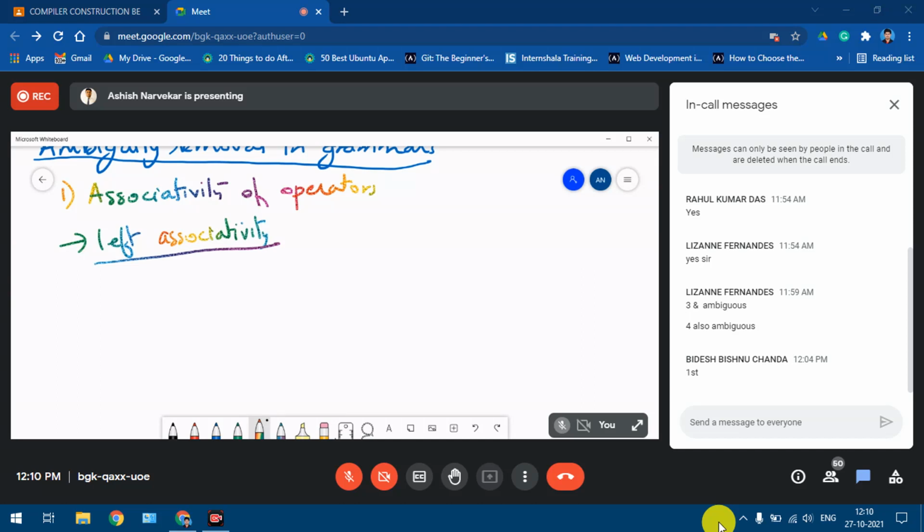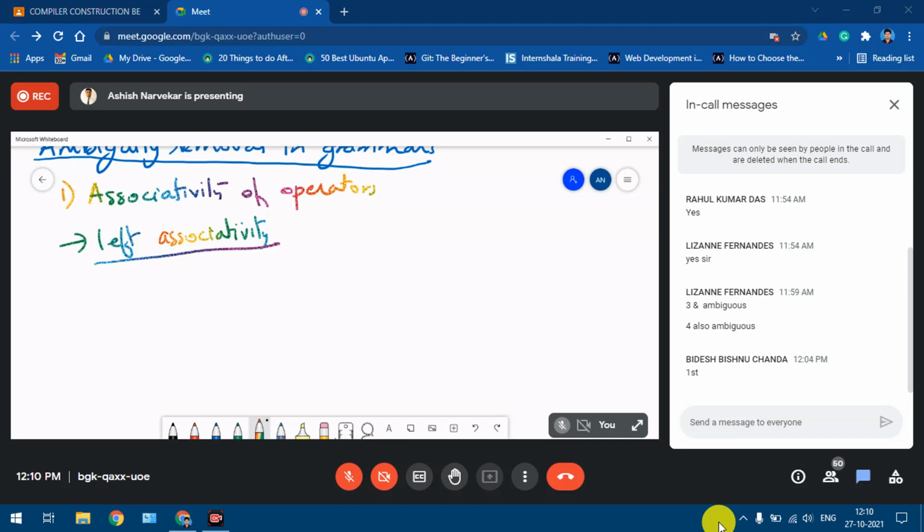Now when we say left associative operators, it means that when we want to convert an ambiguous grammar into an unambiguous grammar, we can grow that parse tree into a left recursive parse tree, or we can convert the grammar from a normal grammar to a left recursive grammar.